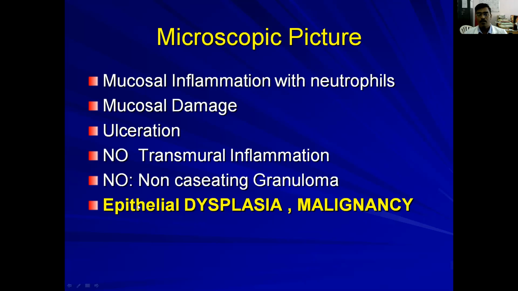You should note this important difference: it involves only the mucosal layer, whereas Crohn's disease involves up to the muscularis propria. Crohn's has granulomas, ulcerative colitis doesn't, but epithelial dysplasia and the tendency to malignancy is higher in ulcerative colitis.